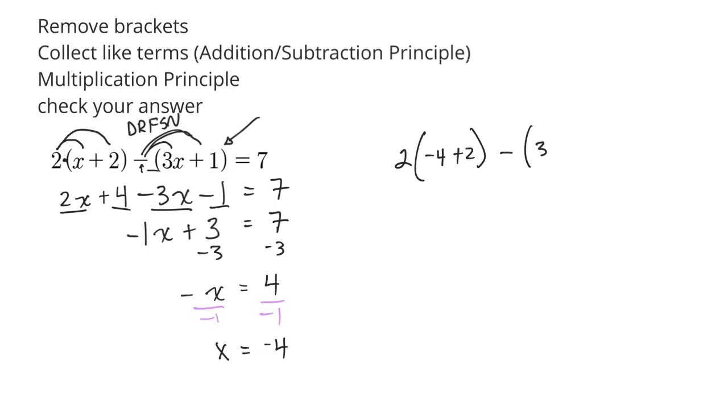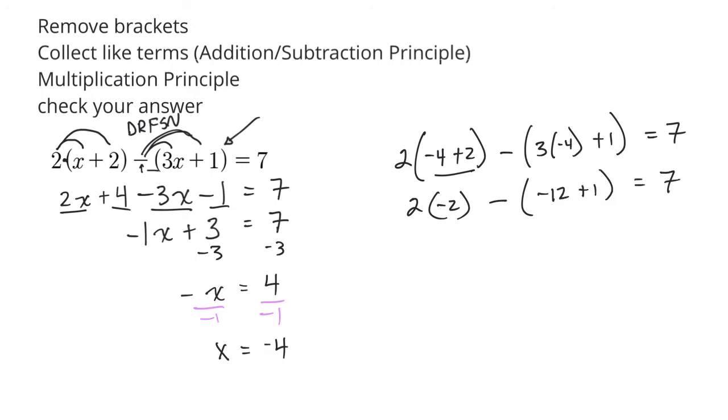Minus 3 times negative 4 plus 1. I'm hoping that gives me 7. Okay, in brackets, negative 4 plus 2 is a negative 2, times 2, minus 3 times negative 4 is negative 12, plus 1. Hoping. 2 times minus 2 is a minus 4.